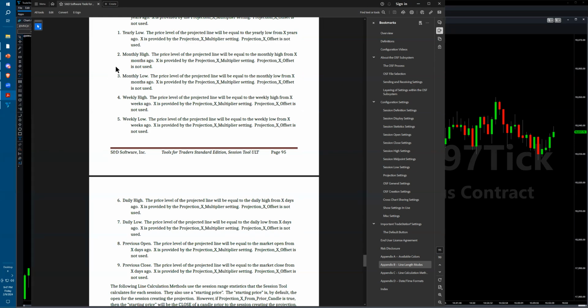And this is actually a function provided by TradeStation. We're making that accessible to the user through the session tool. So you can have them display monthly highs, monthly lows, weekly lows, daily highs and daily lows. You can also do previous opens and closes. And there's different ways that you can achieve that also.